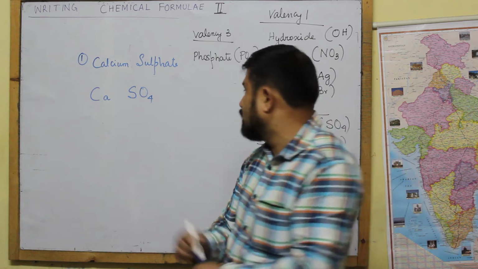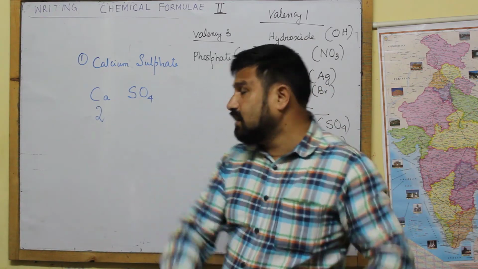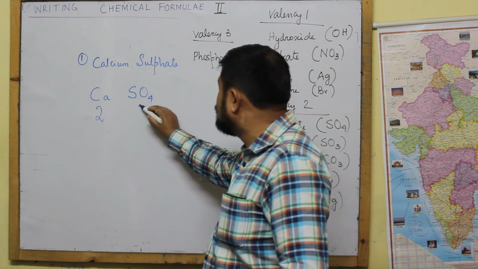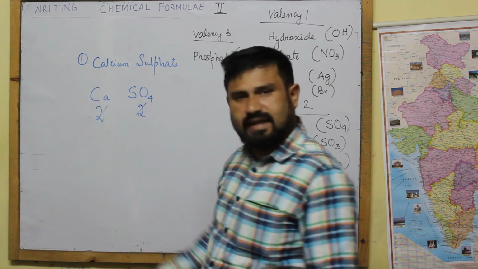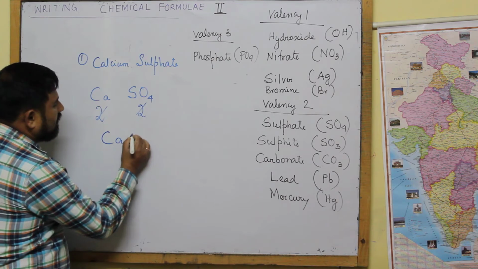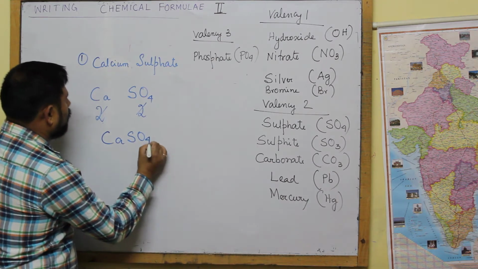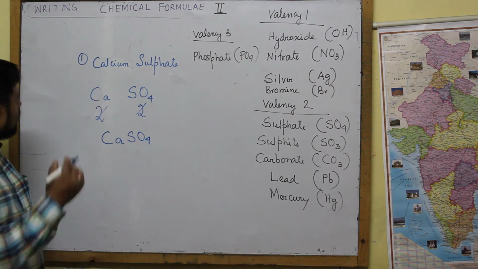So valency of calcium is 2. Sulfate, you have to remember, comes under valency of 2. Since both have common factors, they can be cancelled. And what is actually the formula of calcium sulfate? CaSO4. So that is the formula for calcium sulfate. Let's take another example.